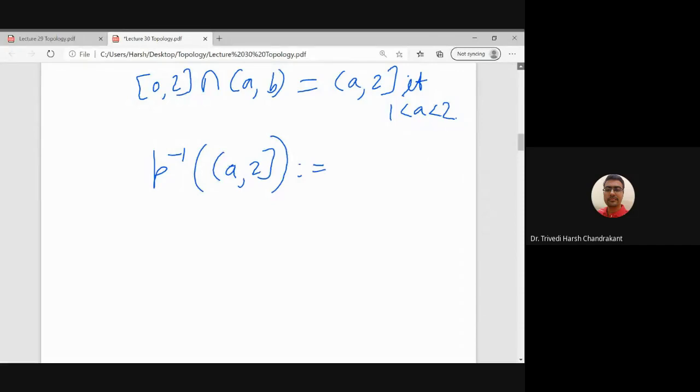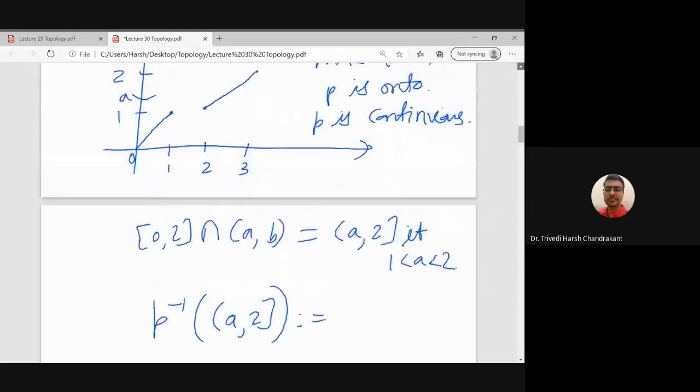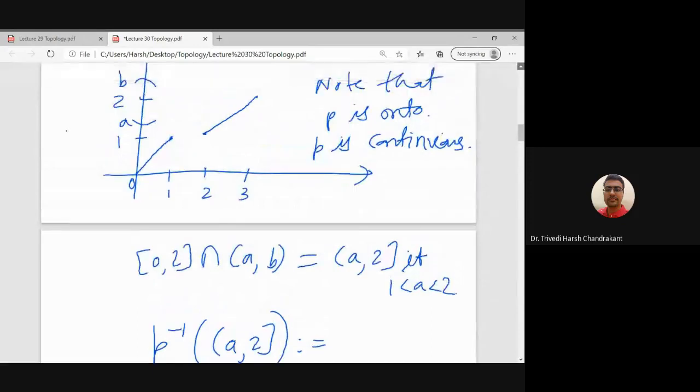If you see this function, the inverse image of this particular interval will land somewhere here, so let us say this point is C, then it will be C to 3. In fact, we know that in the interval [2,3] the definition of the function is x minus 1.